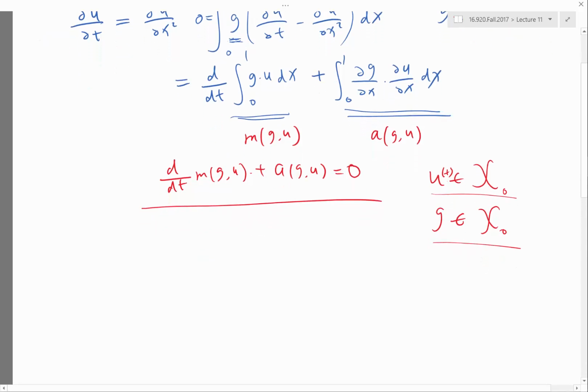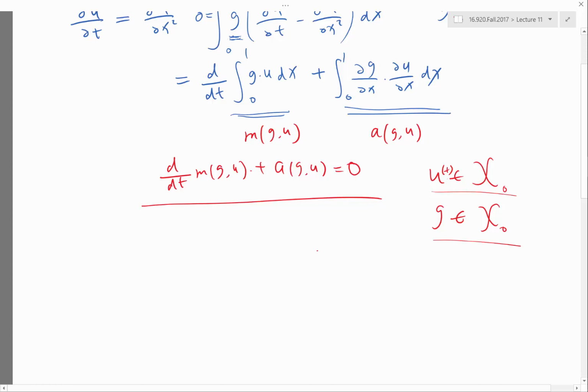Now, when I do the finite element method, I choose X_h to be a subspace of this X, and my u(t) is now restricted to this space, and my g is also restricted to this space.